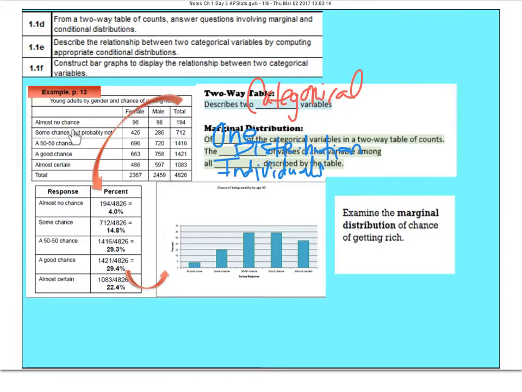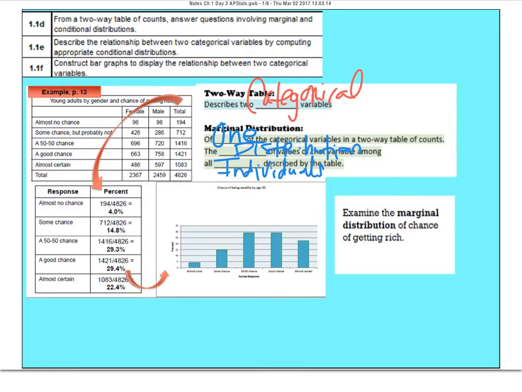So in this table, what they did is they computed the marginal distribution of your chances of wealth by gender. If they asked you to make a marginal distribution for this, we could do it with respect to counts or with percentages. This right here is already set up by counts. So the marginal distribution, again, is by your wealth chances, and this would be the total count. Marginals are for totals in the table.